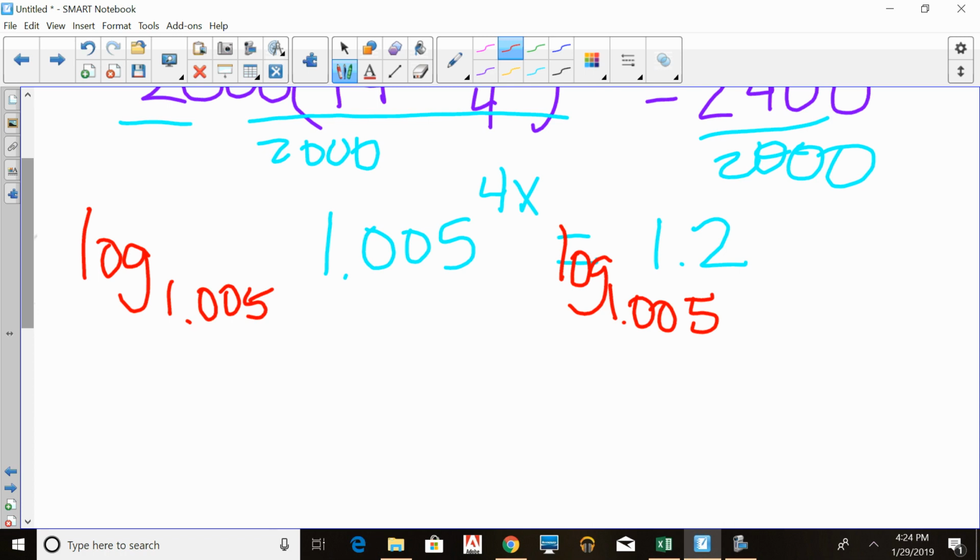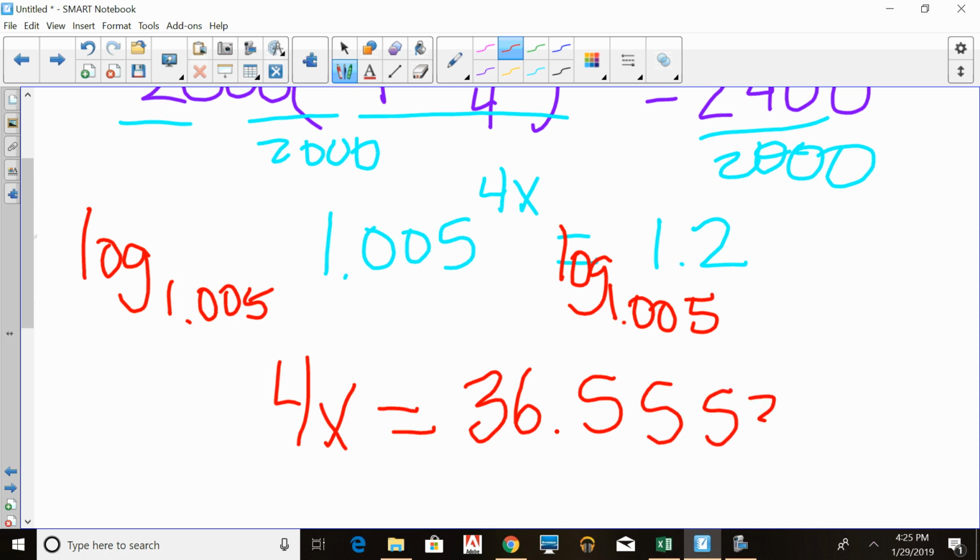So then 4x will equal log of 1.2 divided by log of 1.005, and that is roughly 36.55539 and stuff after it.